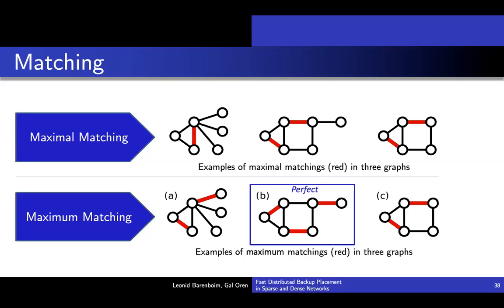A maximum matching is a matching of maximum size among all matchings of E. And a perfect matching is a matching which matches all vertices of the graph. That is, every vertex of the graph is incident to exactly one edge of the matching.